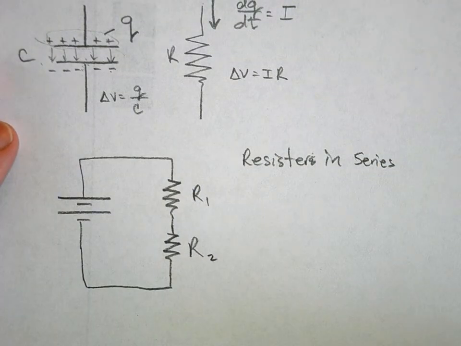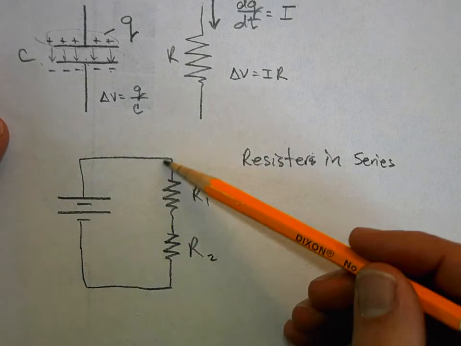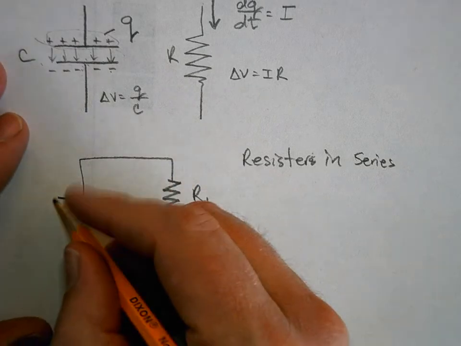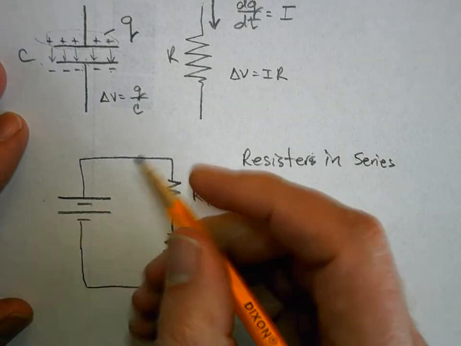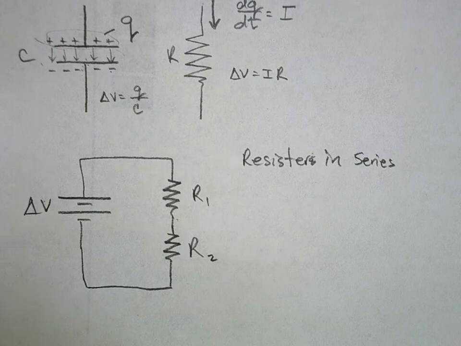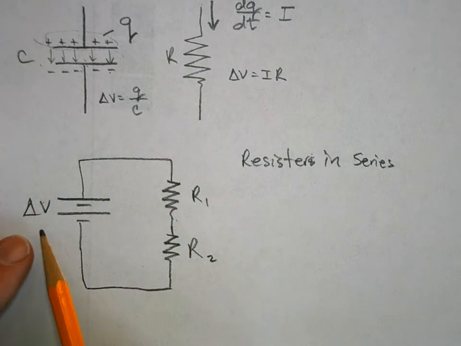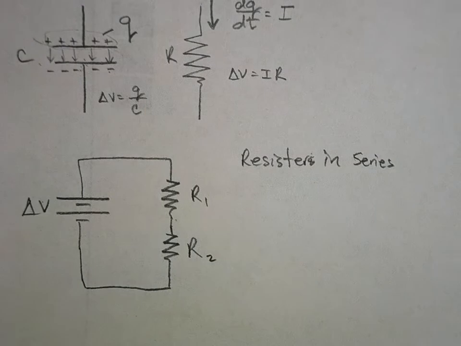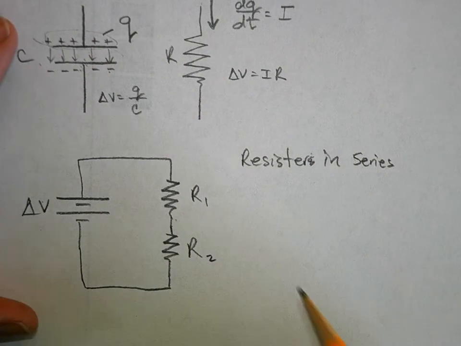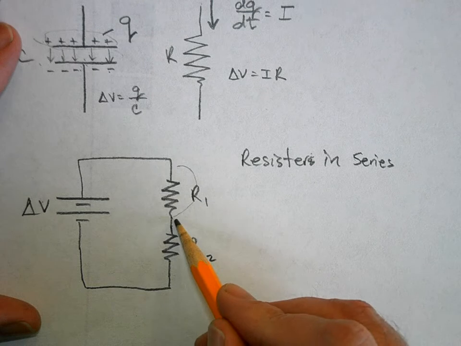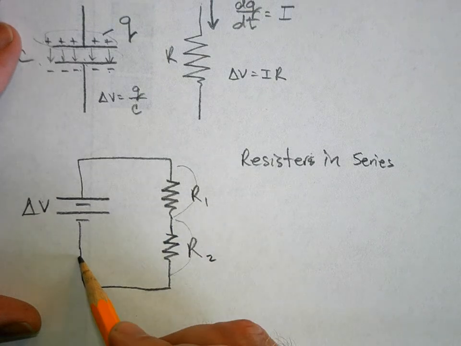They're in series because they share the voltage and the current has only one path. There's only one path through them. So here's my delta V, and I'll call this the terminal voltage, so the given voltage here is already compensated for the internal resistance. And so we're going to go through here, and we're going to have a voltage drop and a voltage drop to get back to 0.